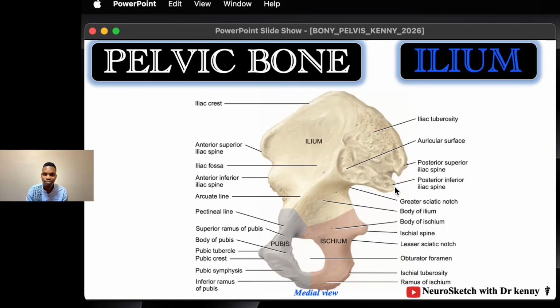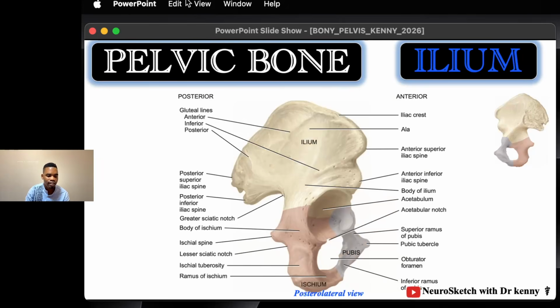One of the important things to remember in the iliac bone is this notch, a U-shaped depression, called the greater sciatic notch. Very important, because here is where the sciatic nerve passes. So these are the parts of the iliac bone on the medial side.